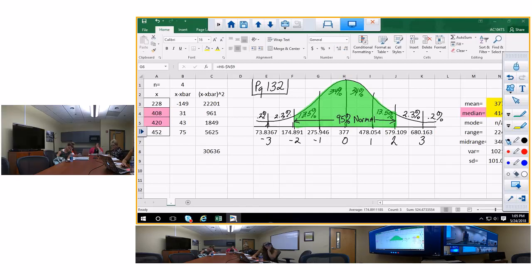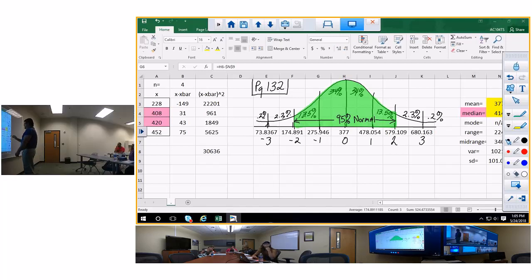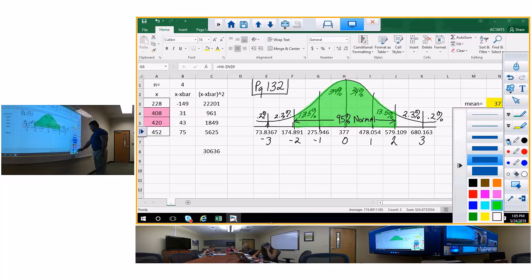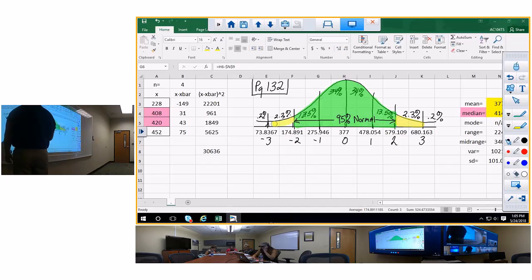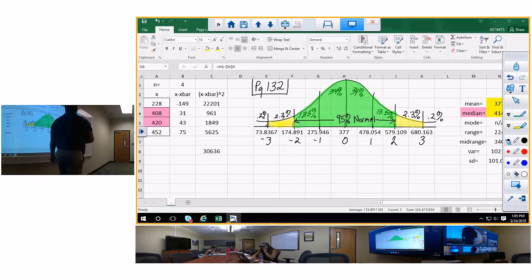All right, let's take yellow and let's highlight this area right here. And that area is between the second and third standard deviation, and that is called unusual.